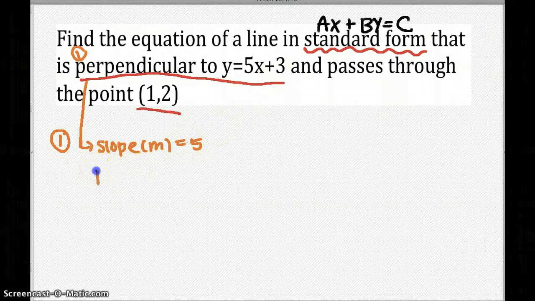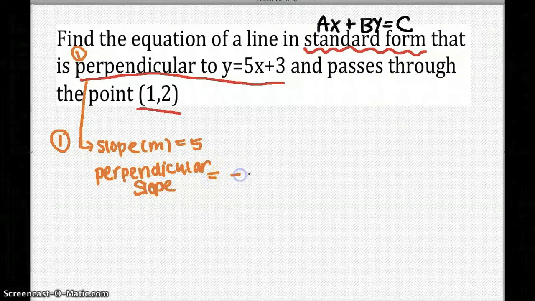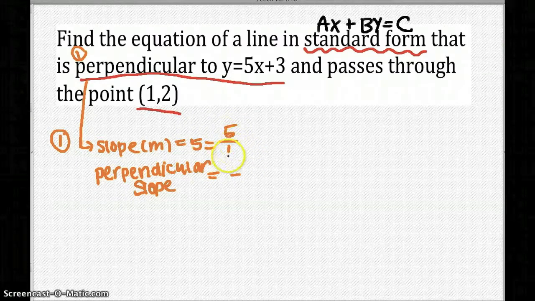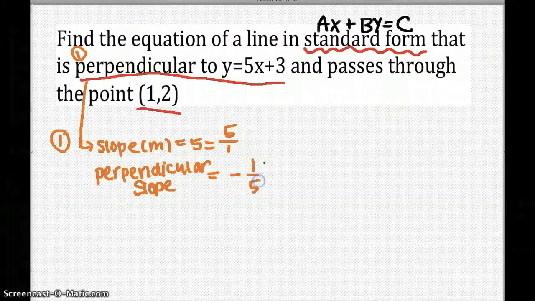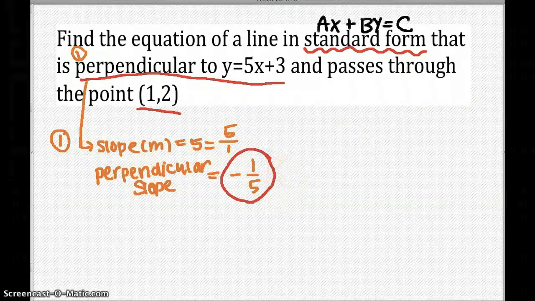So the perpendicular slope is the negative reciprocal, and reciprocal means you switch the numerator and the denominator. So this one would be 5 over 1, so this would be 1 over 5. So the slope of our equation would be negative 1 over 5.